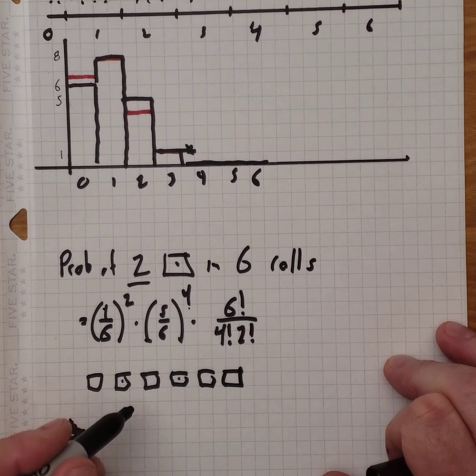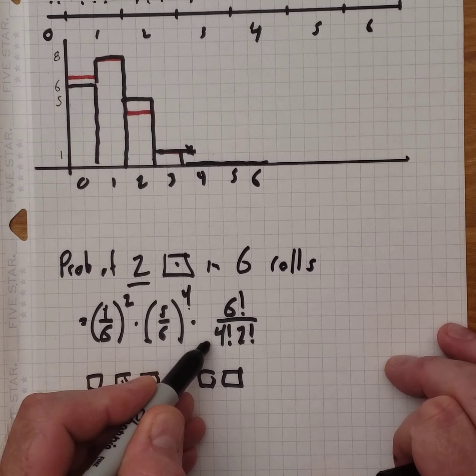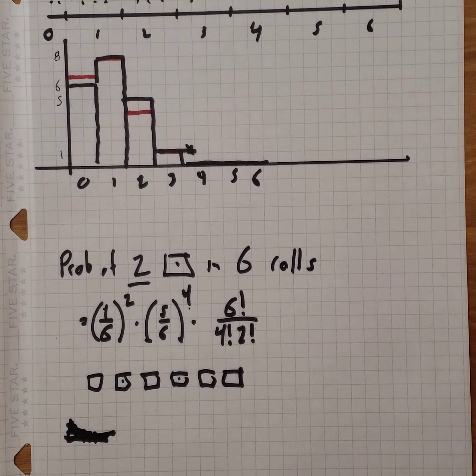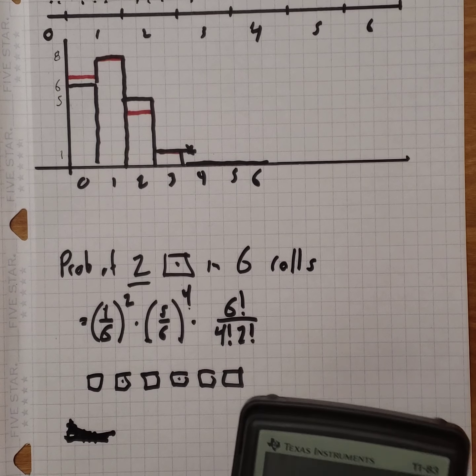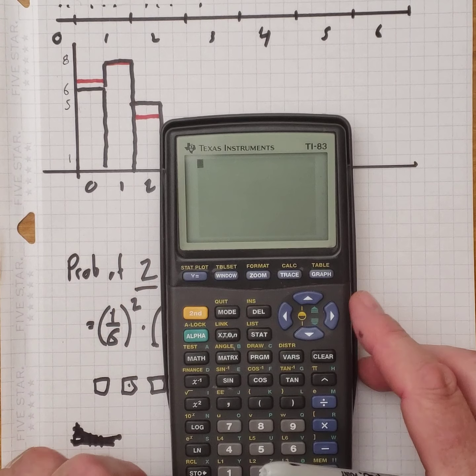And then we multiply that by, if you recognize this as the combinations formula, this is 6 choose 2 or 6 choose 4, depending on how you care to look at it. They end up being the same. So I want to run that in the calculator just for kicks.